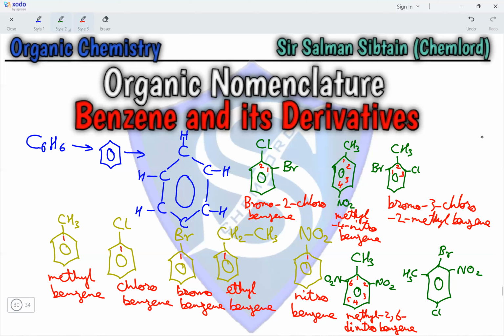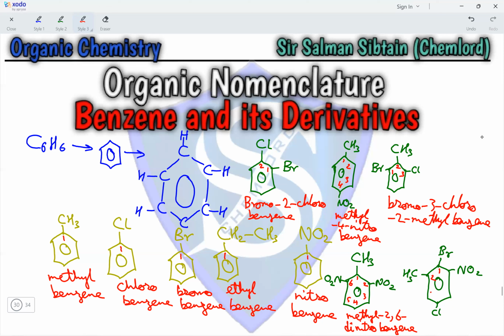And now, if we continue numbering, if we number it anti-clockwise, the second position goes to the N of nitro. And if we label it clockwise, if we label it anti-clockwise, we get the M of methyl. So if for the second position we have a choice between the M of methyl and the N of nitro, we would go with the M of methyl. So this compound would be numbered anti-clockwise.